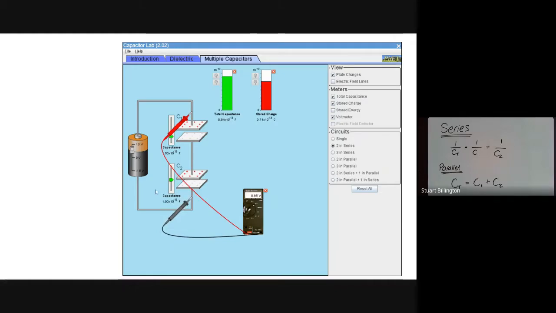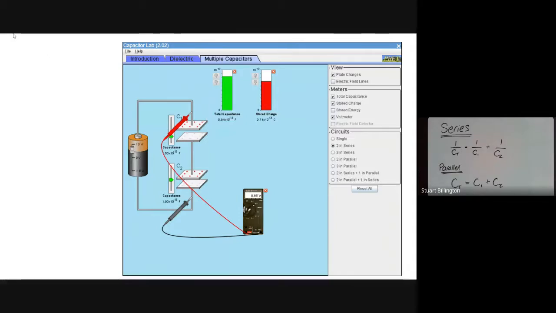You can play with the sliders for the different amount of capacitors. You can change the different potential differences. It's just a nice little simulation for making concrete, through a virtual experiment, what we've just talked about, and checking that the formulae really do work. So that's the capacitor lab. You could have a little play with that if you wish to.